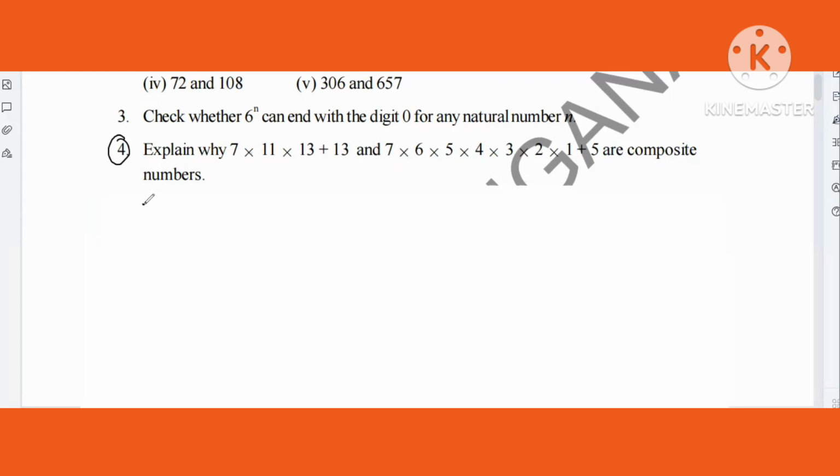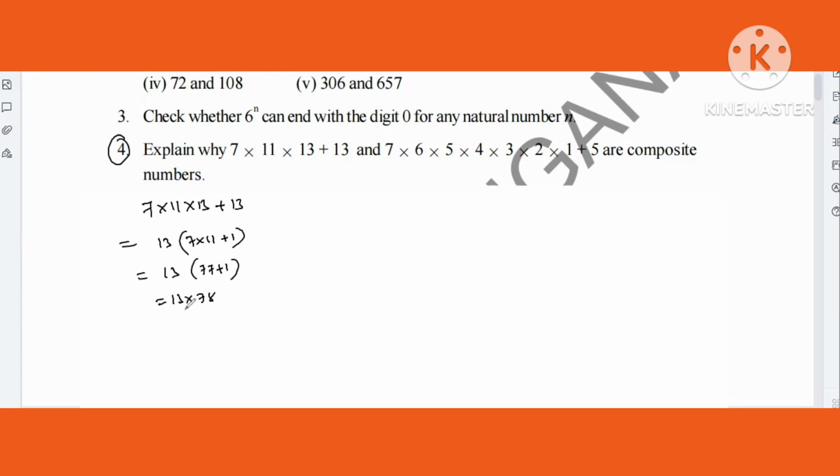This is also a very easy question. The first number is 7 into 11 into 13 plus 13. You can see here that it is a sum of two numbers. So in that, 13 you can take common: 13 into (7 into 11 plus 1). That is nothing but 13 into (77 plus 1), 13 into 78.